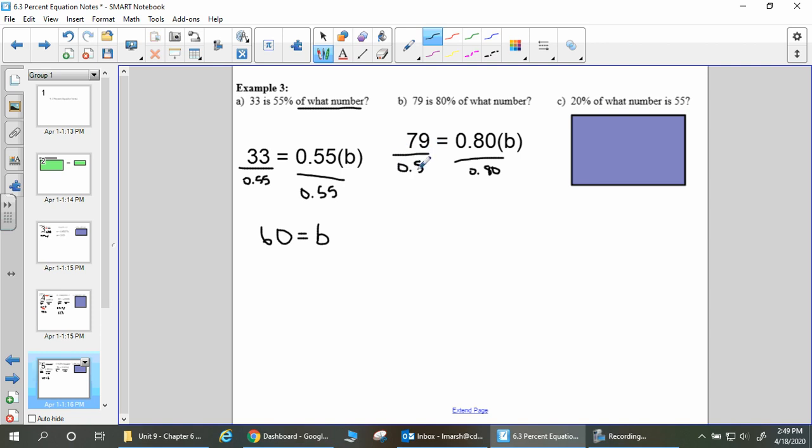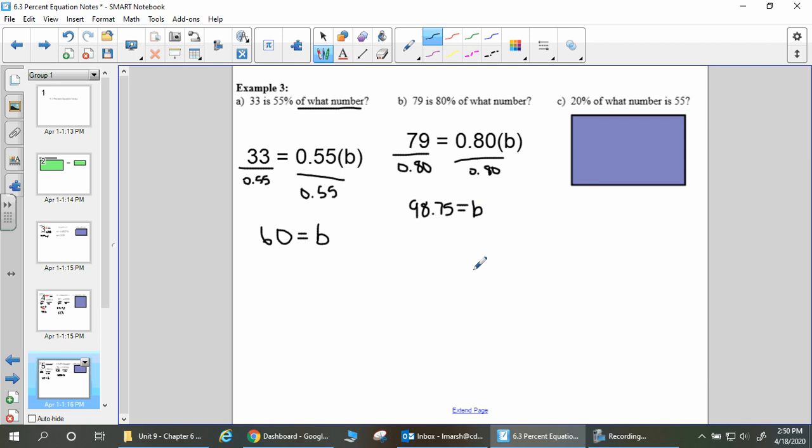If you just put the 0.80 without the 0 in front, you might not see your decimal point and divide by the wrong value. When I divide this, I get 98.75. You could round and say 98.8 if you wanted, but that's going to be my whole value.